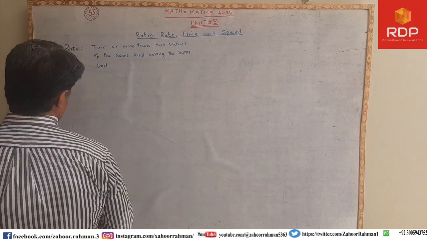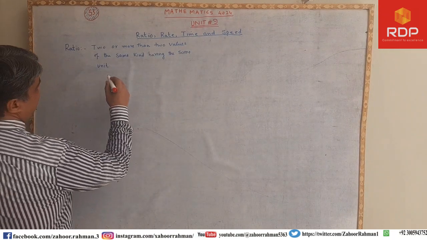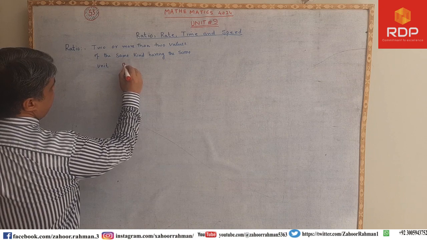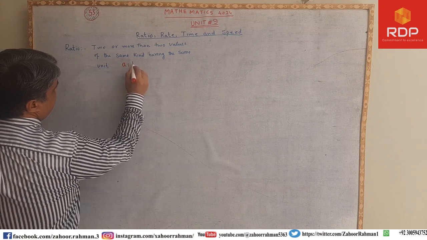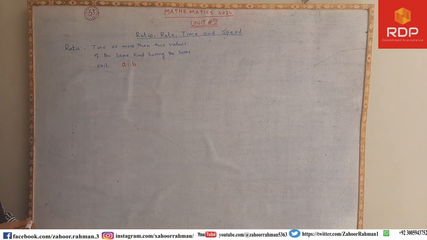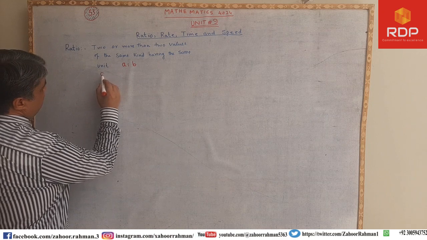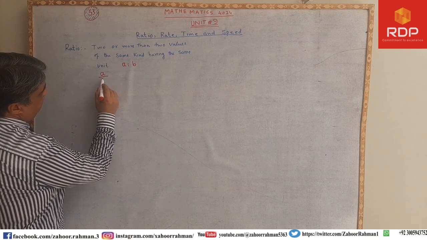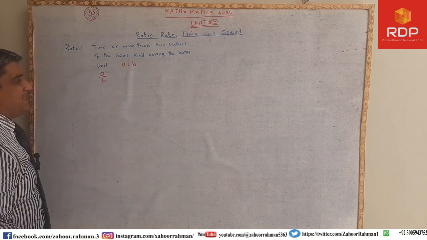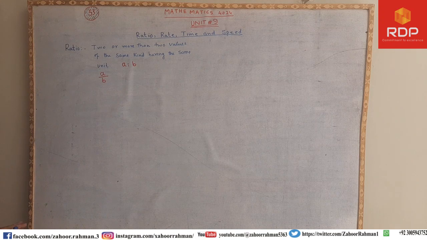Ladies and gentlemen, ratio can be written in this form: A ratio B, with a colon between A and B. We can also write these ratios in this form: A divided by B. Both are the same.